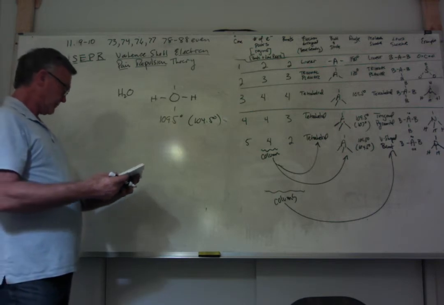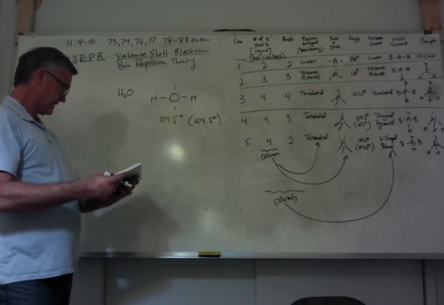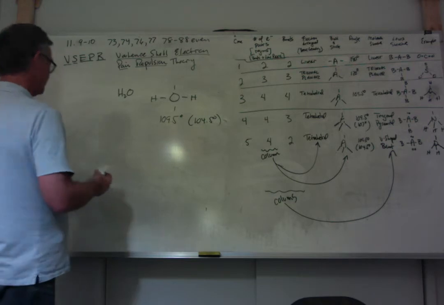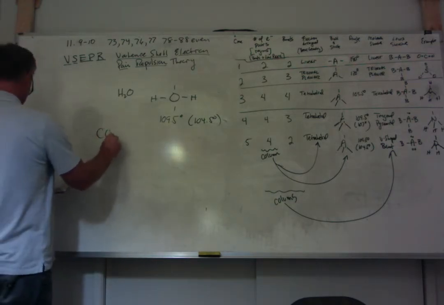And finally, problem 87, predict the geometric structure of the carbonate ion and find the bond angles.